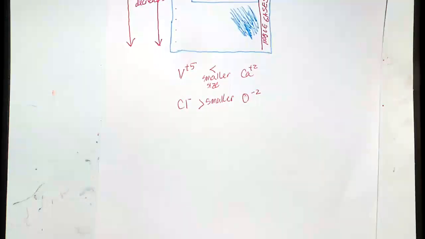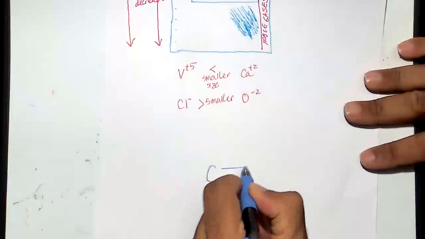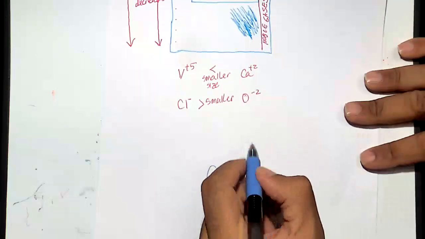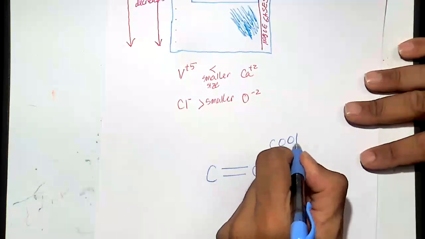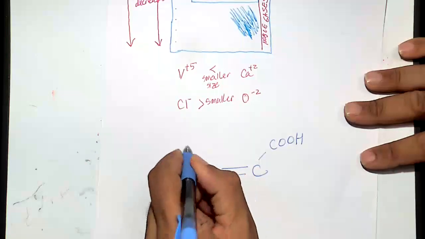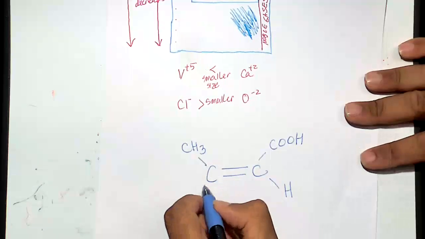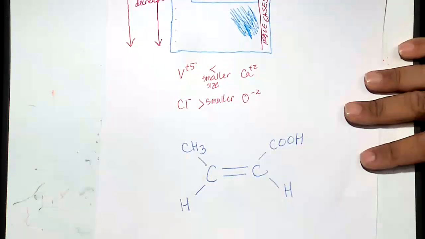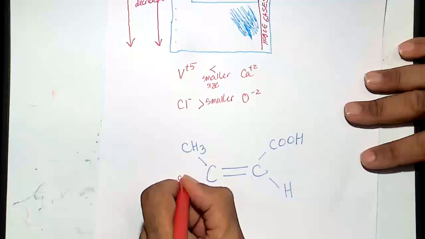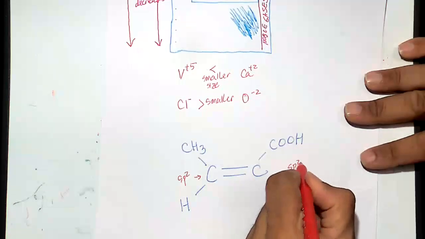All right, and then we have a question here on sigma and pi bonds. If you have a double bond here, we're just focusing in on the sp2 carbons.